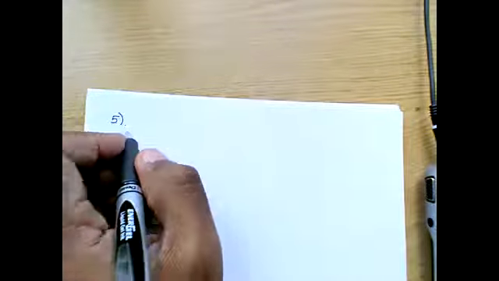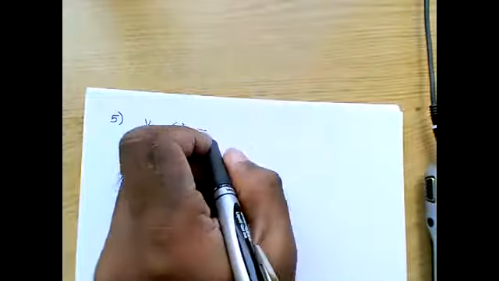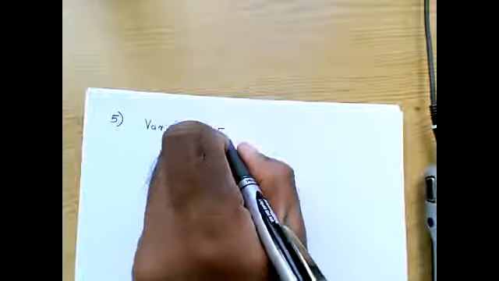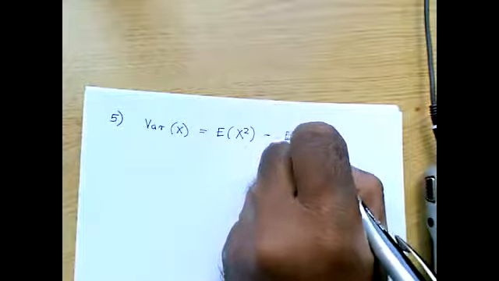So here we are, this is part 5 of the tutorial sheet. You want to find the variance of X, which I'm sure you know is the expectation of X squared minus the square of the expectation.